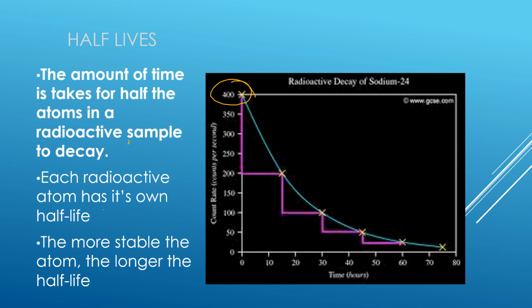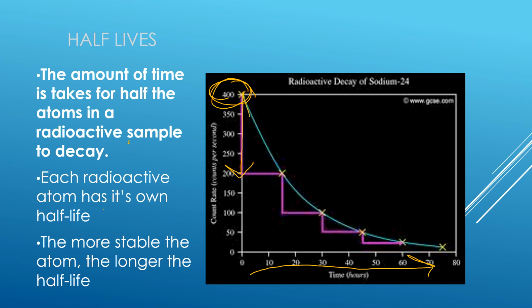So if I start with 400 atoms, how long before half of those atoms are gone? Half of 400 is 200. And what I see here on the x-axis is time, and it looks like maybe that's hours. My graph is not super great. I can't read what that unit is, but we have a unit of time on the x-axis.